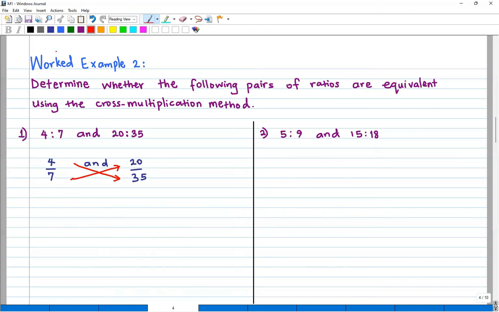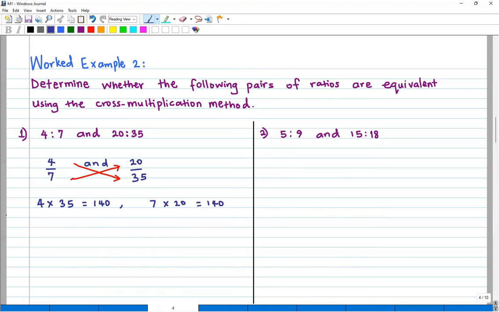let's get 4 times 35. 4 times 35 will give us 140. Let's get 7 times 20. This will also give us 140.